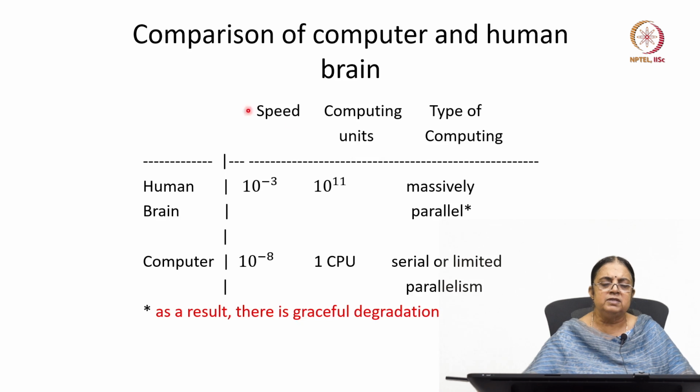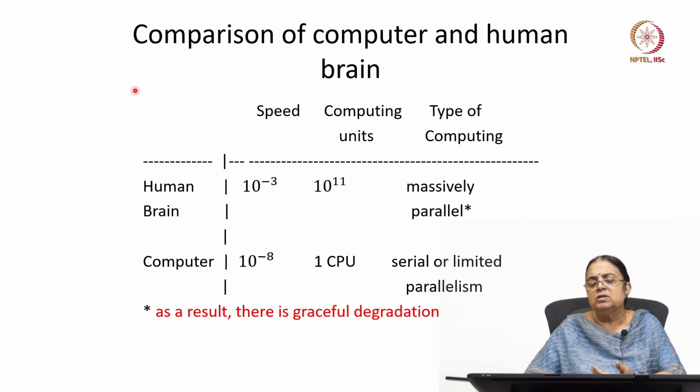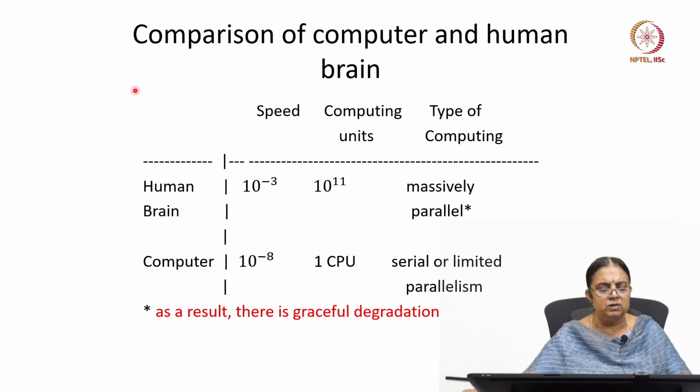Now let us see the comparison between the computer and the human brain, because that will tell you how your neural network is going to work. If we take the human brain, the speed is 10 to the power of minus 3 seconds per cycle, but if we take the computer, it's 10 to the power of minus 8, which means that the computer is much faster than the human brain.